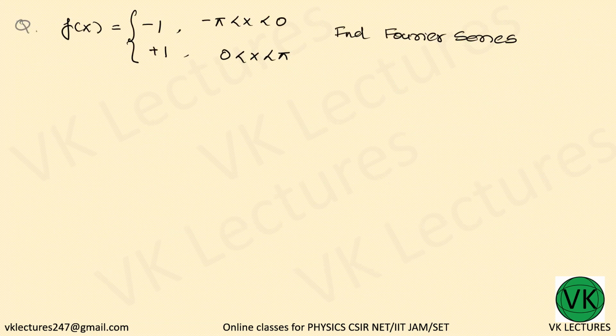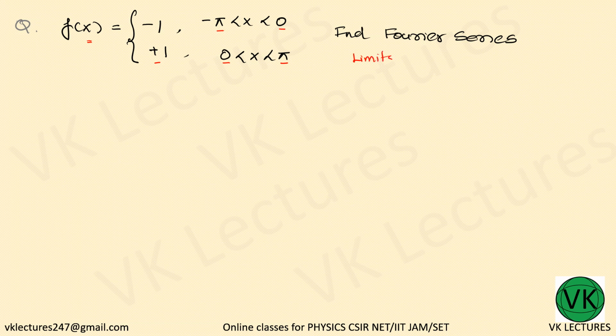See, here we have a question: f of x equal to minus 1 in the region minus pi to 0 and plus 1 in the region 0 to pi. Now for the function, if such a question is given, we have to know the limits.